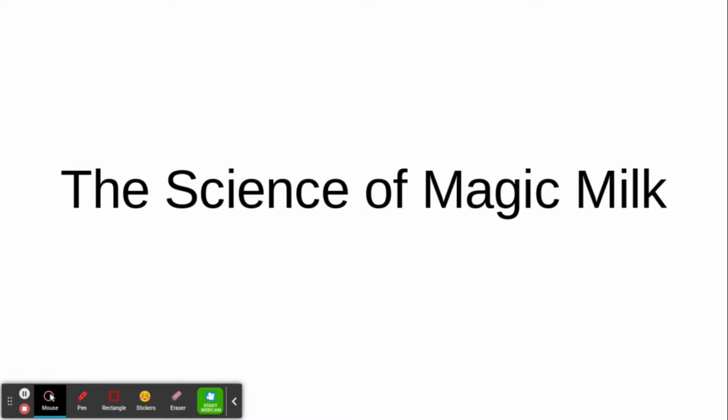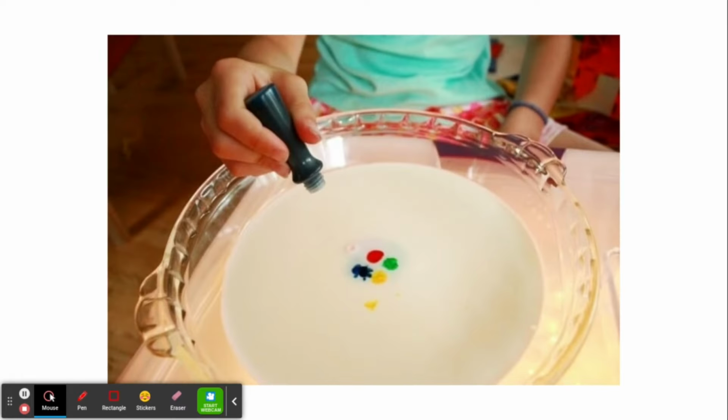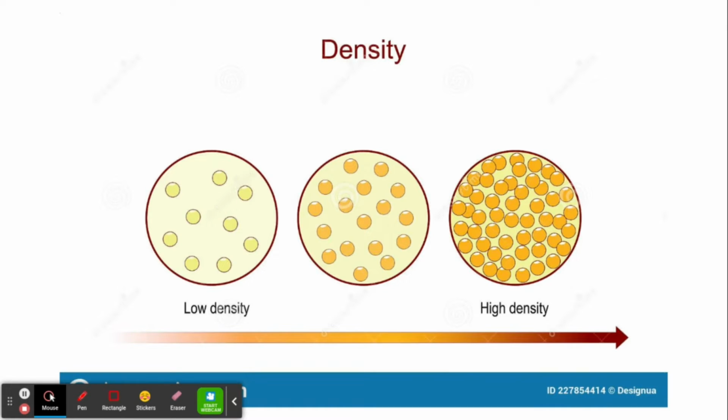So this is the science of magic milk. So why in the beginning of the experiment did the food dye stay on top of the milk? Well, this has to do with something called density, which is how many molecules and atoms are in a given amount of space.